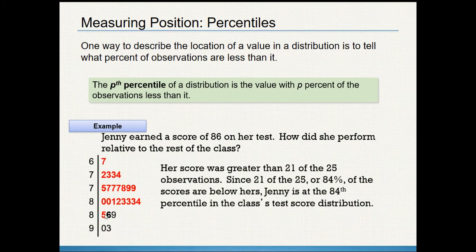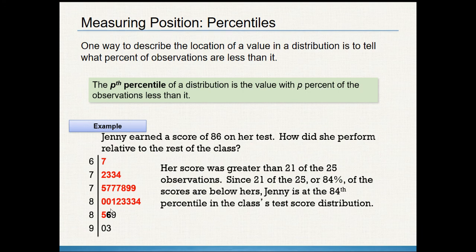Well, at 86, there are 21 scores that are less than her score. So her score was greater than 21 of the 25 observations here. You can count how many observations there are by the number of leaves, because we have a stem and leaf plot here.